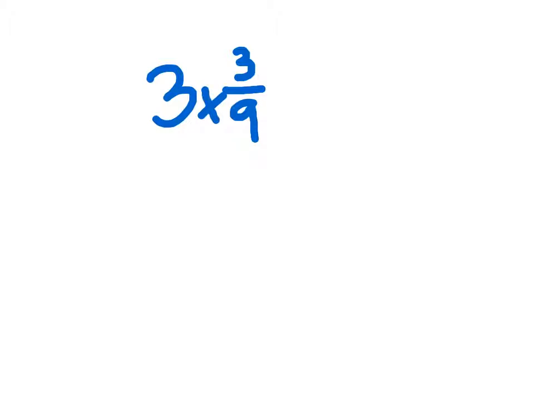Okay, let me get all situated here. Let's say I have, give me a mixed number. Let's do 3 and 3/9. Our shortcut is going to be, since 9 tells us how many whole parts there are, we have 3 wholes, so 3 times 9 is 27, right?